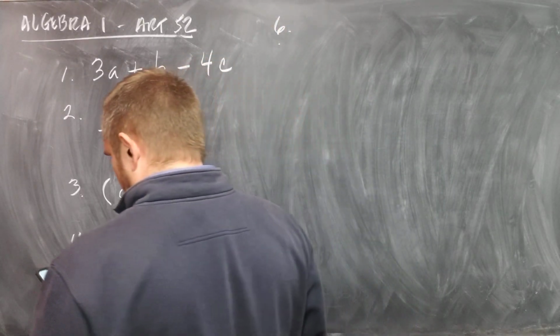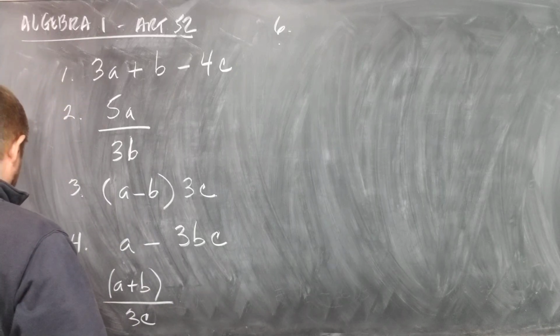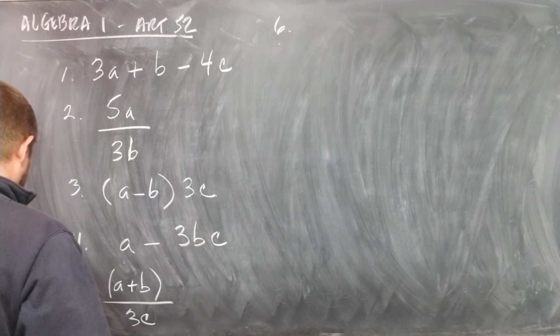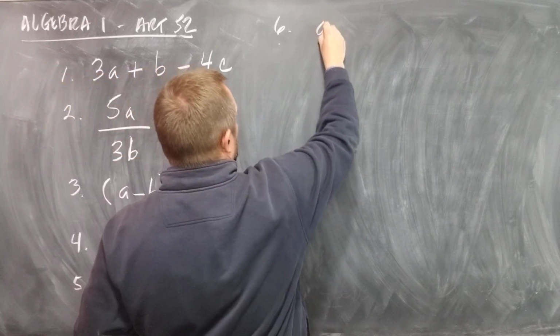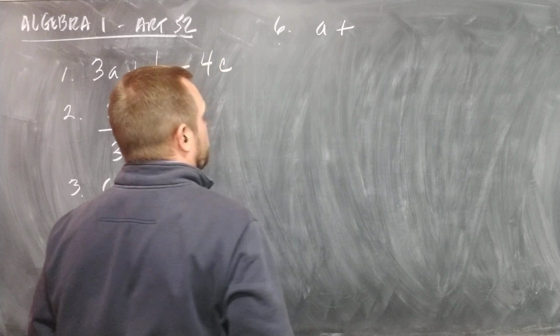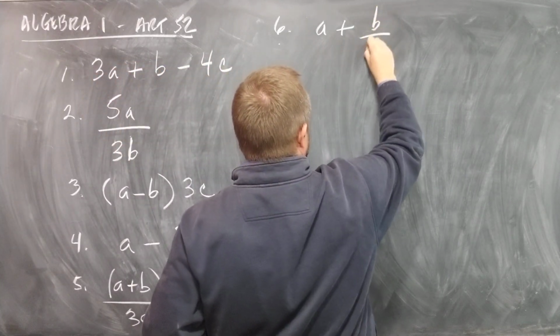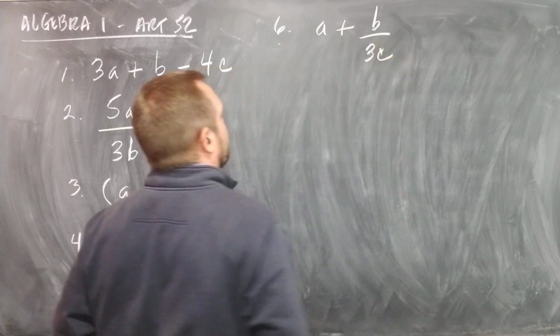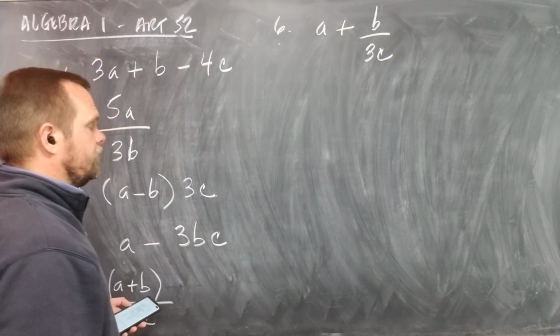Number 6. In our exercise, we read A plus B divided by 3C.